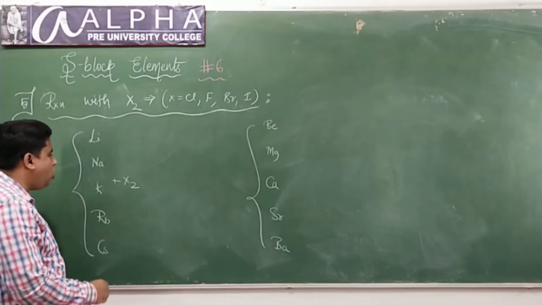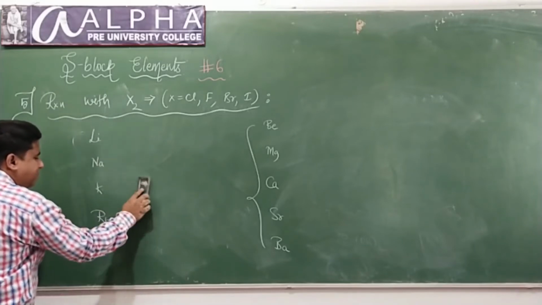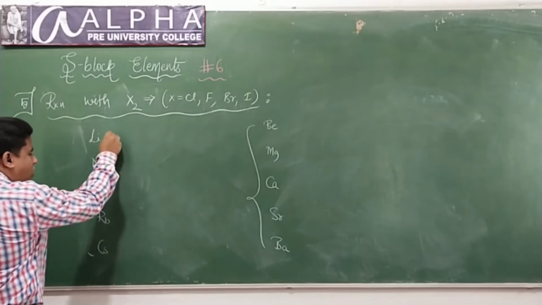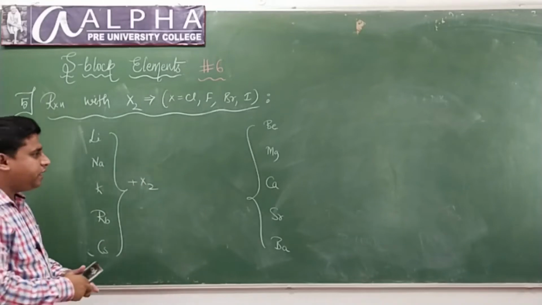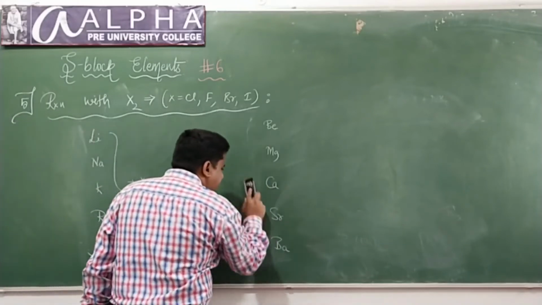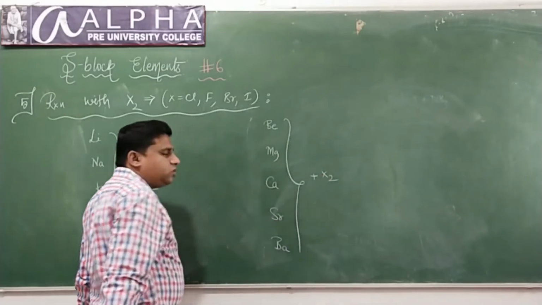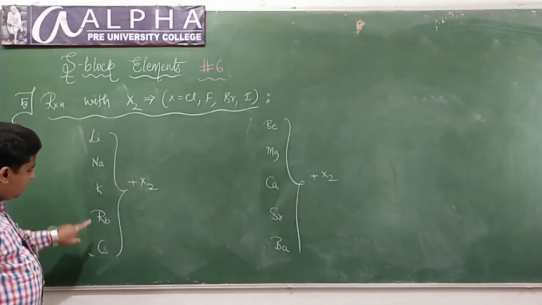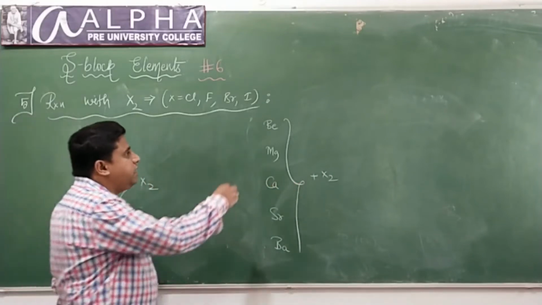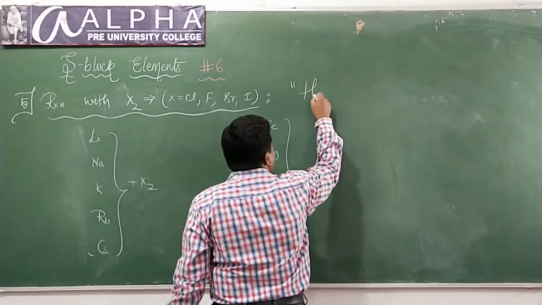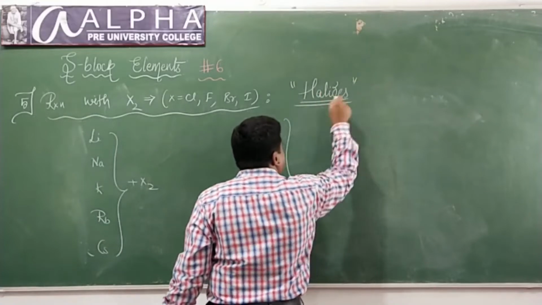They react with all of them. When alkali metals and alkaline earth metals react with halogens, they form halides.